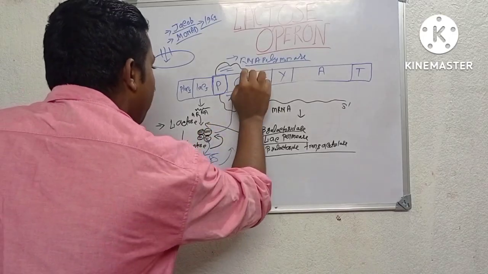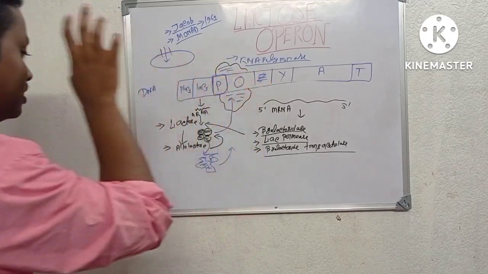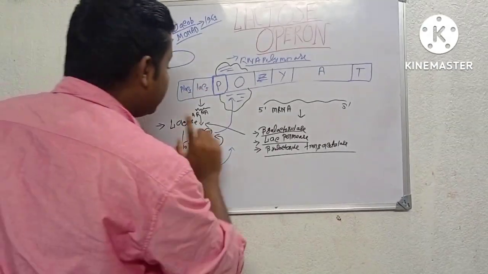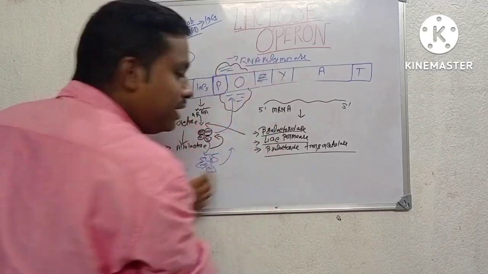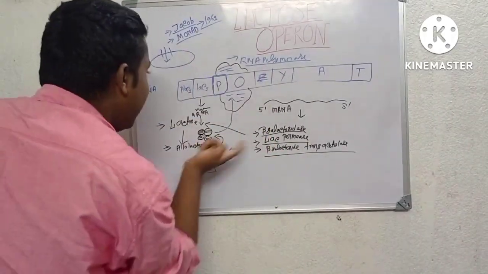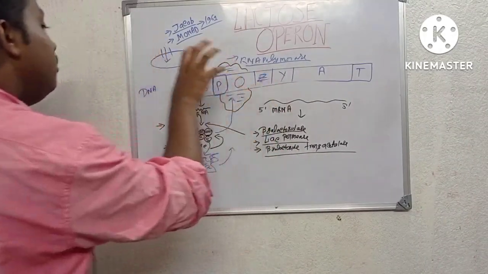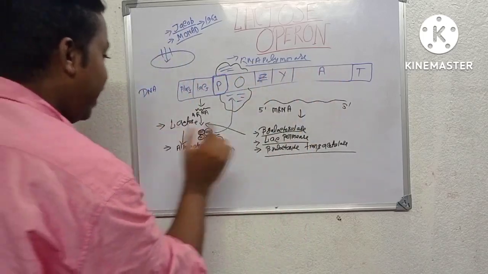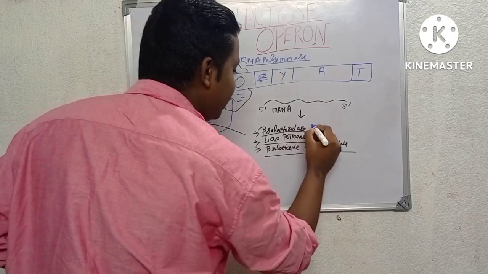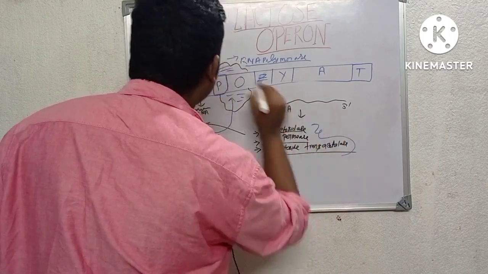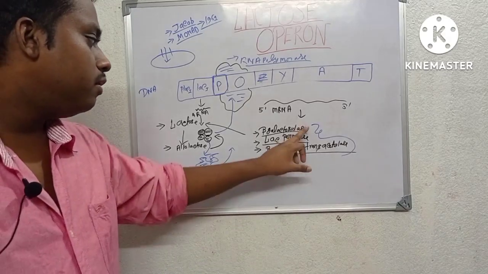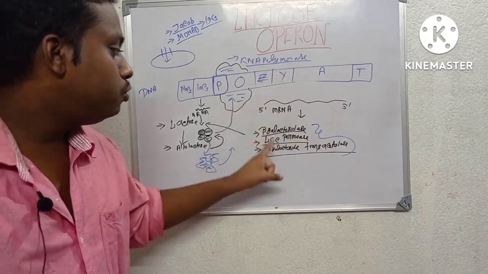The repressor binds with the operator and prevents the binding of RNA polymerase, but they can bind and dissociate. And at that time RNA polymerase will bind and transcribe these sets of genes. So a very low amount of 3 enzymes is always present in the E. coli cell. But we know the functions of 2 enzymes.